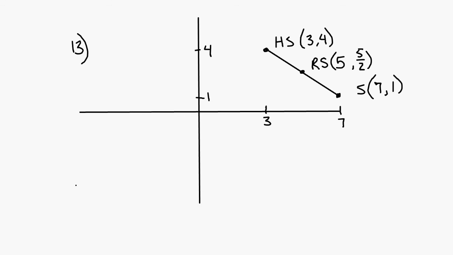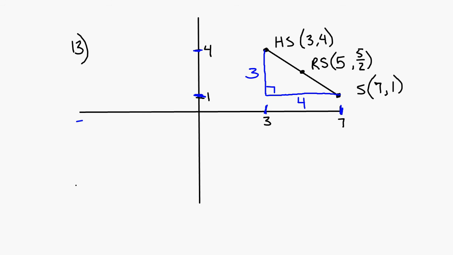It says, what is the approximate distance between the school and the stadium? So now you got to do the Pythagorean theorem. Here's the high school, and here's the stadium. So this vertical leg goes from 1 to 4. So what's its length? 1 to 4 is 3. 3 to 7 is 4.